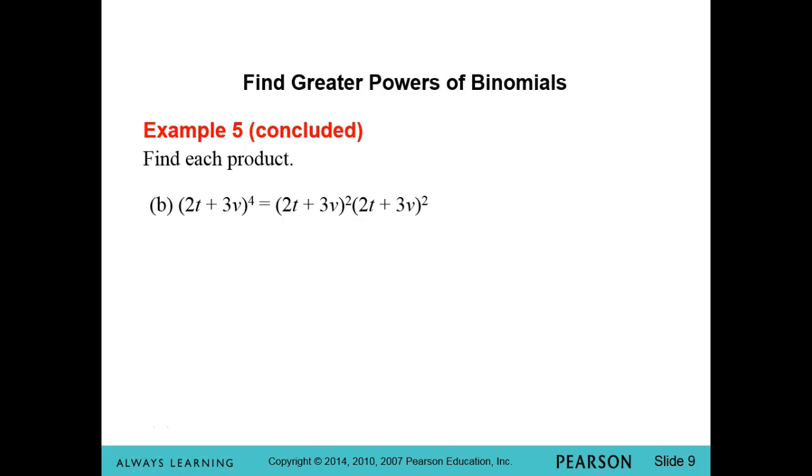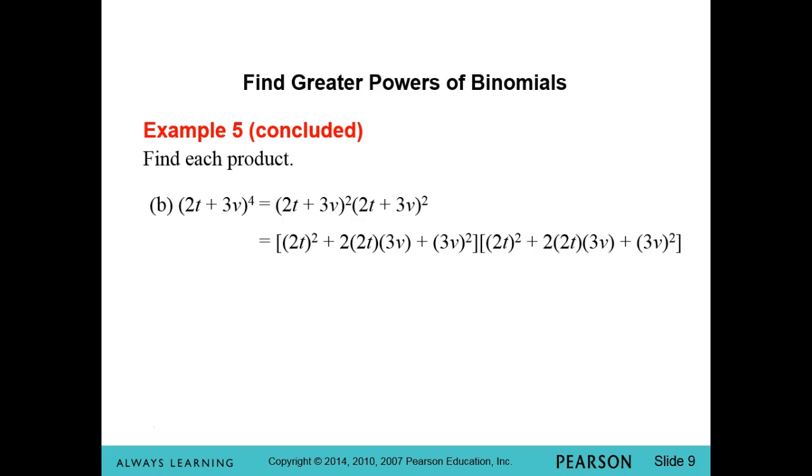Oh, yes, they do the same thing first. That's 2V plus 2T plus 3V squared times 2T plus 3V squared. Okay, good for them. And then we know how to square a binomial. It'll be 2T squared plus twice the product of 2T times 3V plus the last one squared, 3V squared.